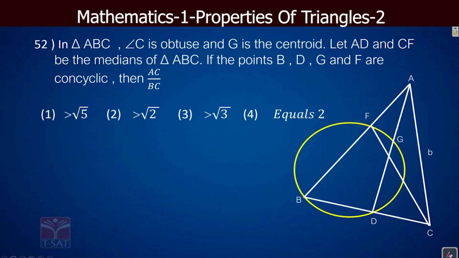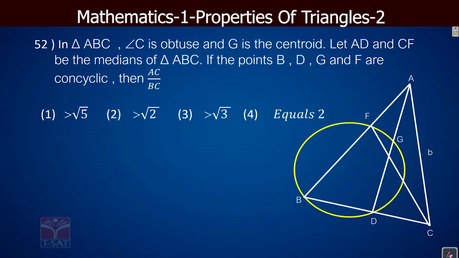Next, 52. This is a good problem. In triangle ABC, angle C is obtuse. Of course, in the diagram it's not like that, but angle C is obtuse, and G is the centroid. Let AD and CF be the medians of triangle ABC.